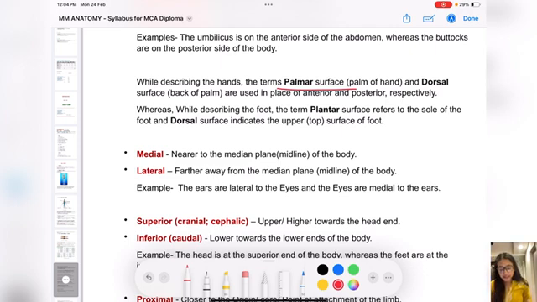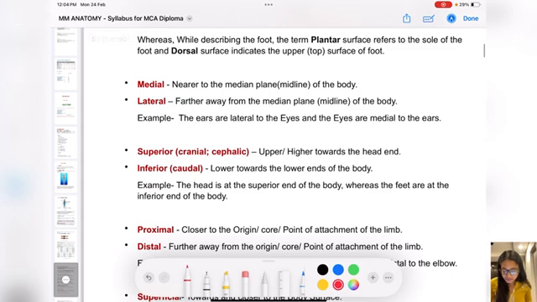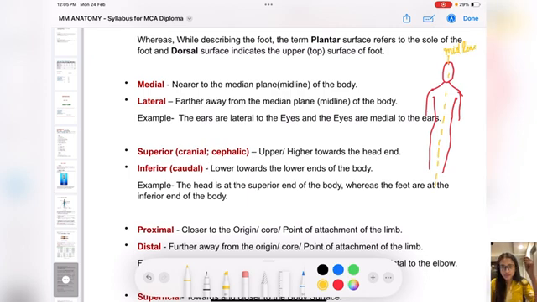Now medial: nearer to the mid plane is medial. I'll show you in the diagram. The yellow one is the midline. If a rod is passed from here down to your foot, then it is known as the midline.